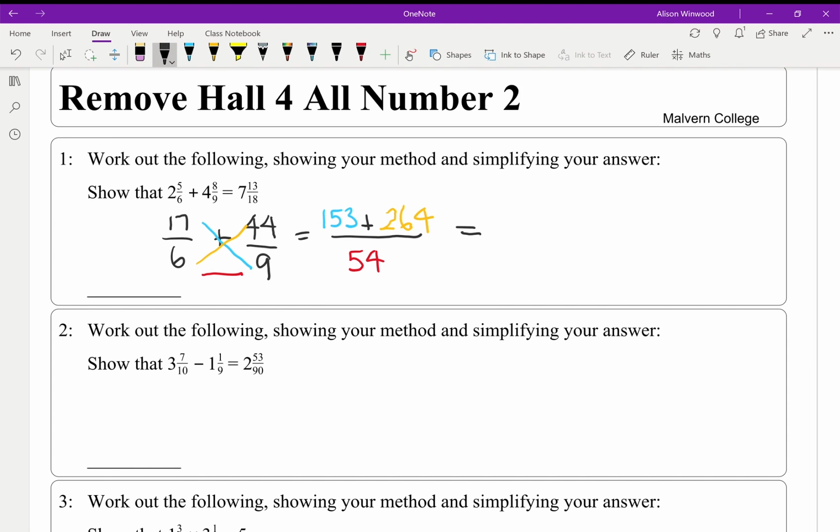Then add up the numerators. Calculator can simplify this for me before going back to a mixed fraction.